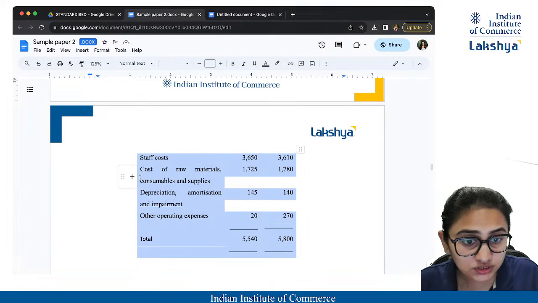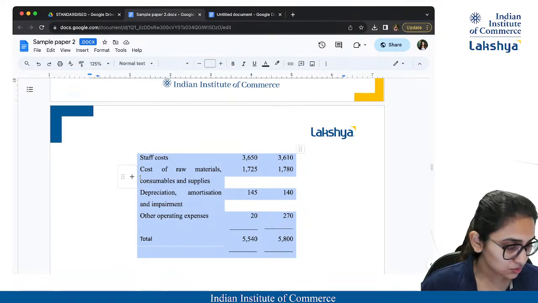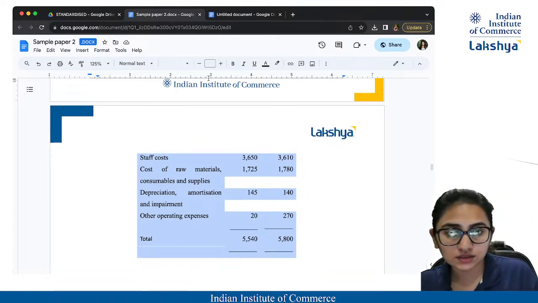However, what can you say about the staff cost? The staff cost is increasing. So 3650 minus 3610. It is increasing by 1.1%.